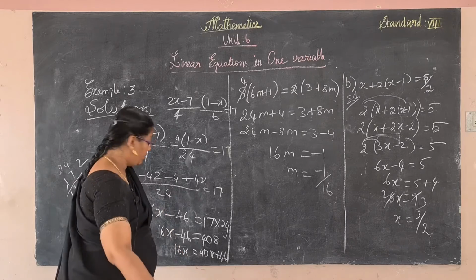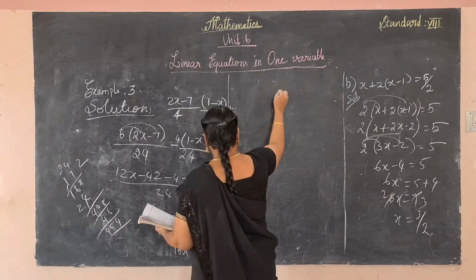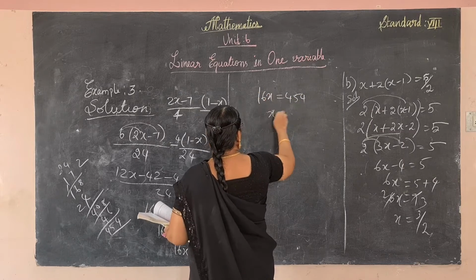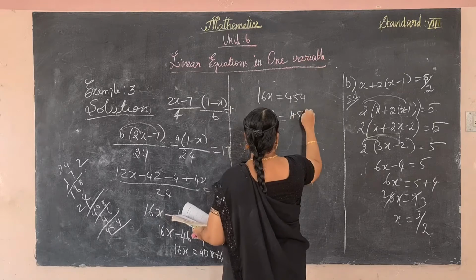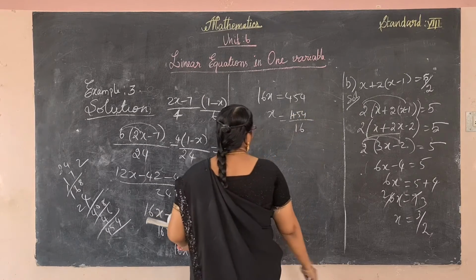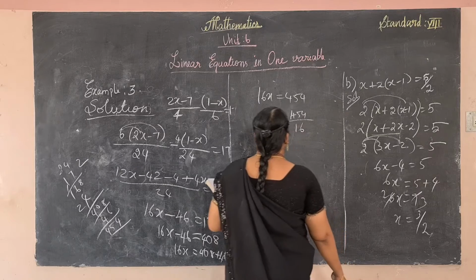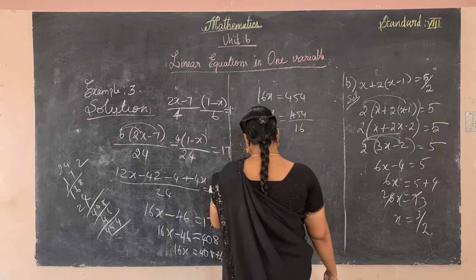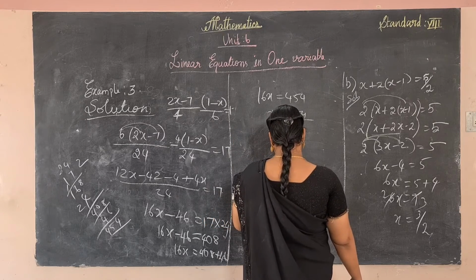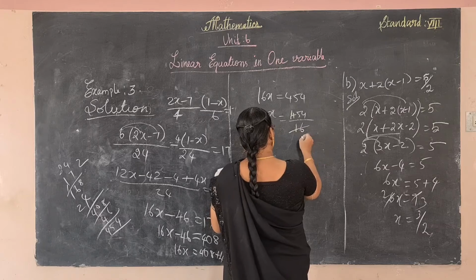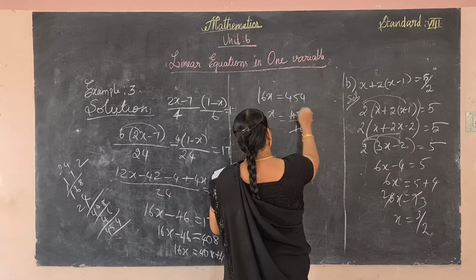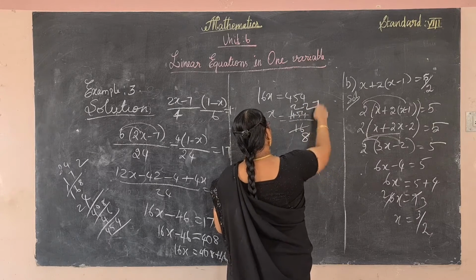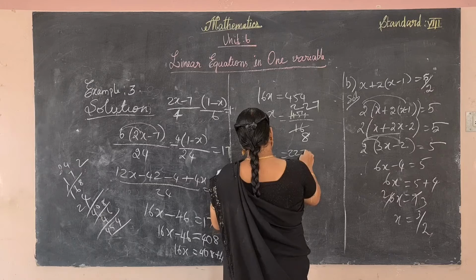454. So 16x. So x equal to 454 by 16. Dividing by 2, 2 8s are 16, 2 2s are 4, 2 27s are 54, so 227 by 8.